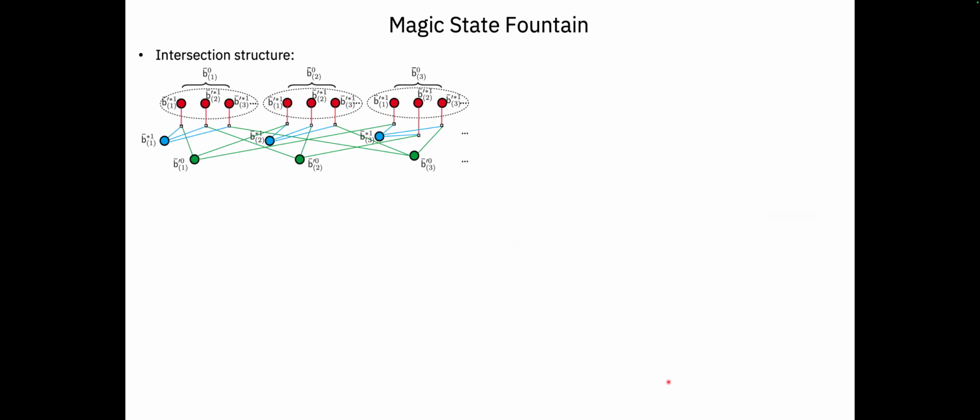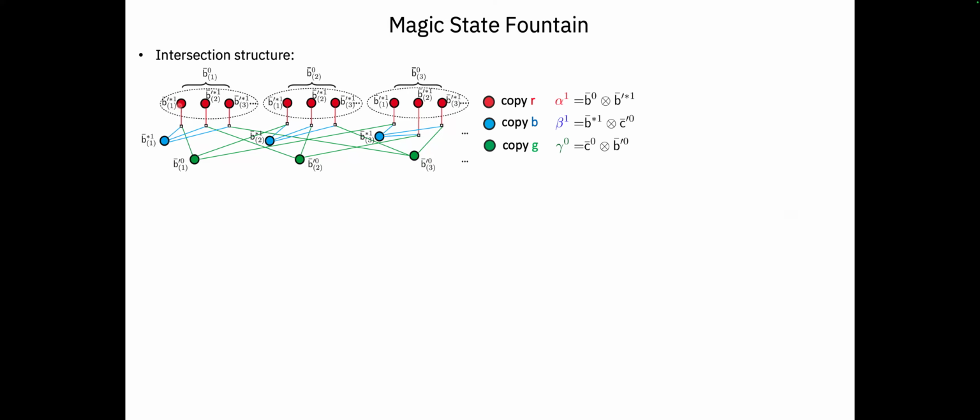Now the final slide I will have is that we can use this gauging measurement to realize the so-called magic state factory structure. Previously I showed that there exists a non-trivial triple intersection structure between the cocycles in the red, blue, and green copy.